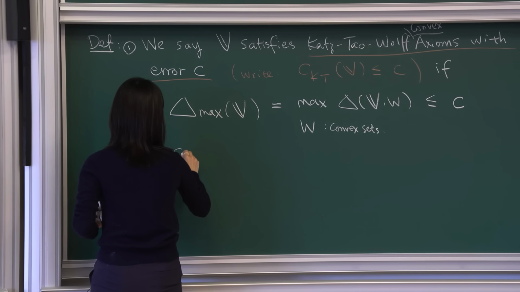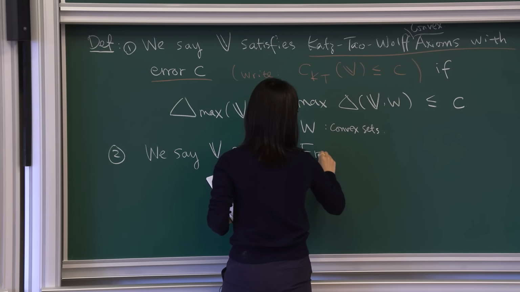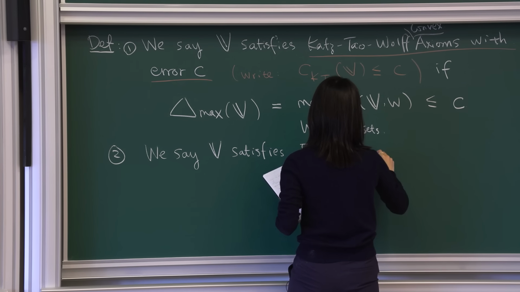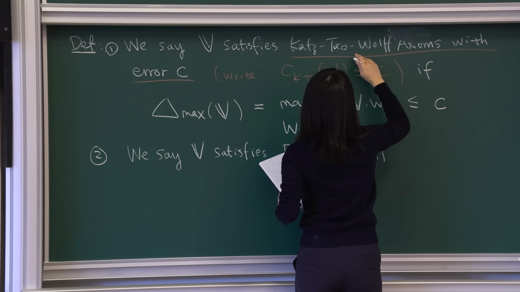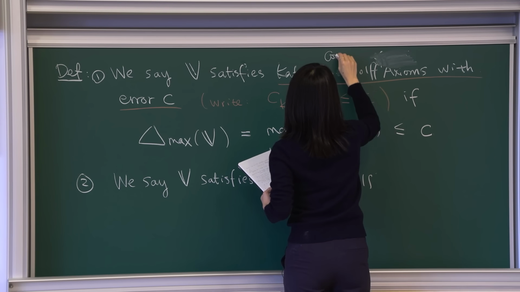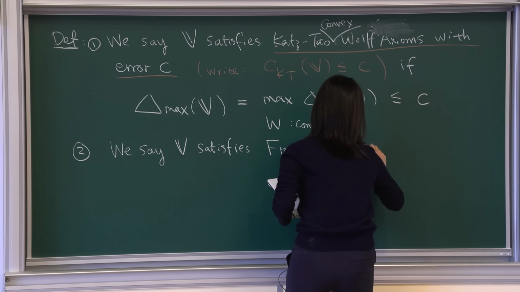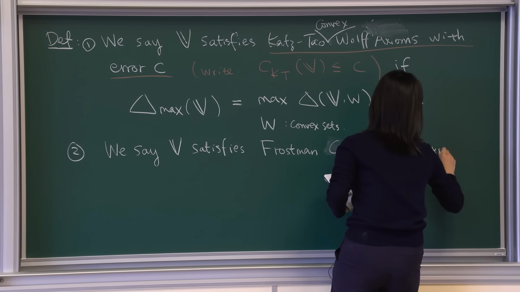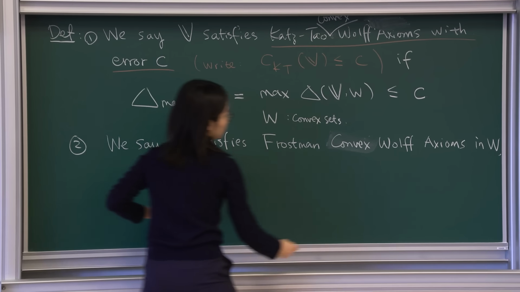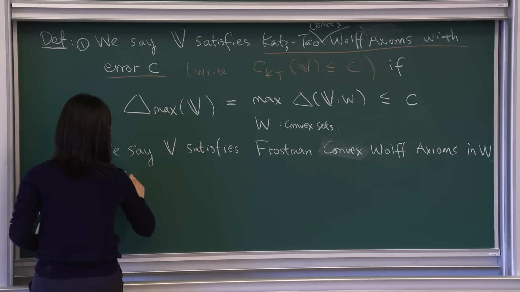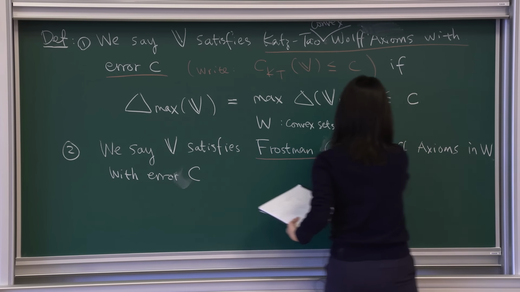We say that V satisfies the Frostman convex Wolff axioms in a set W with constant C. Sorry, maybe I should put the convex here. There are a lot of names.